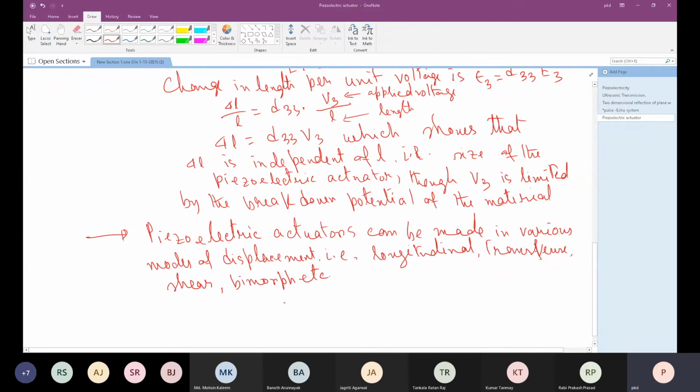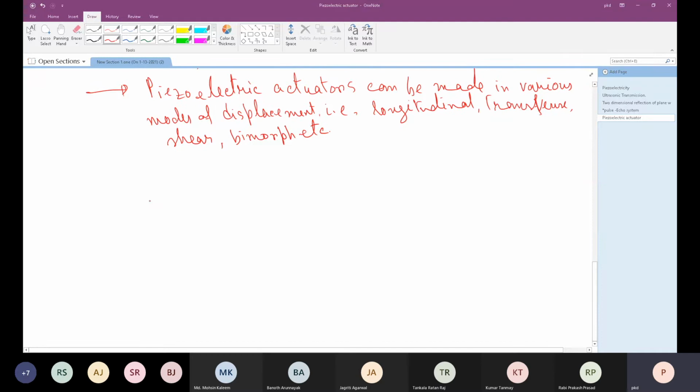A popular model is also cantilever. A popular actuator is in cantilever mode.